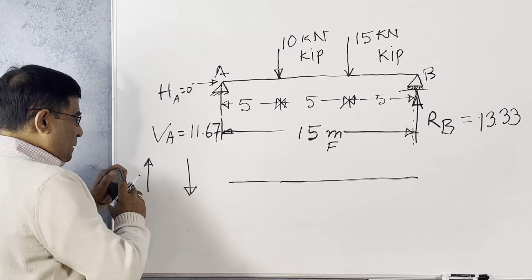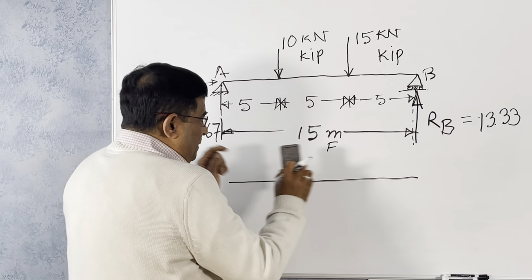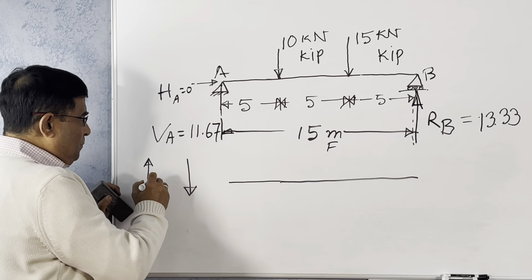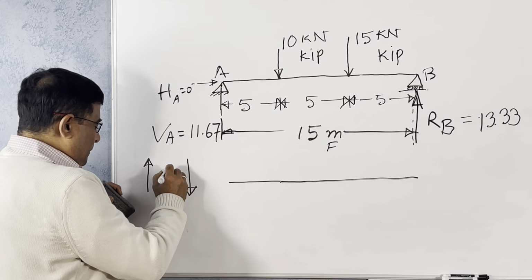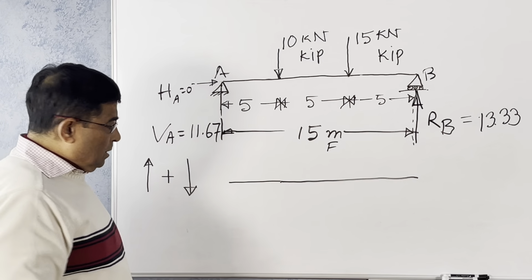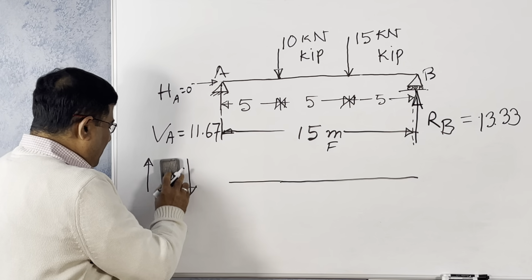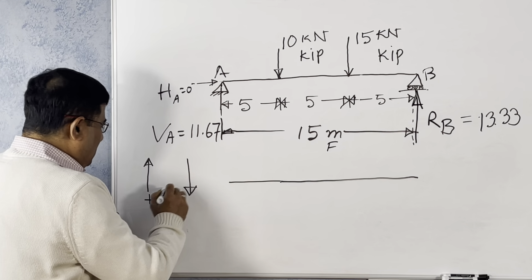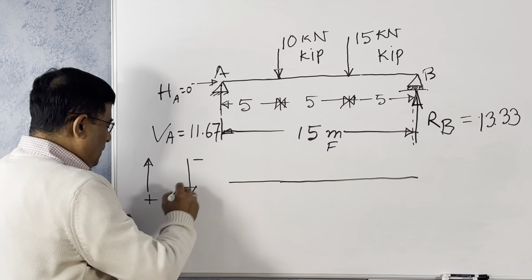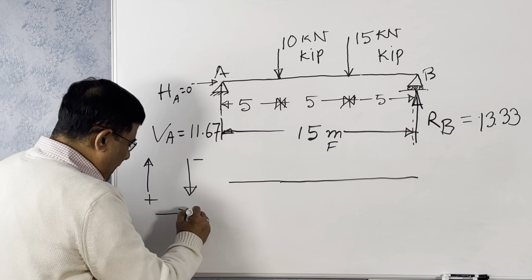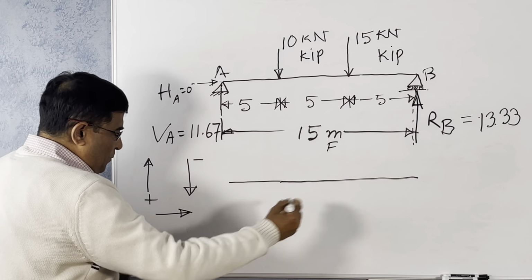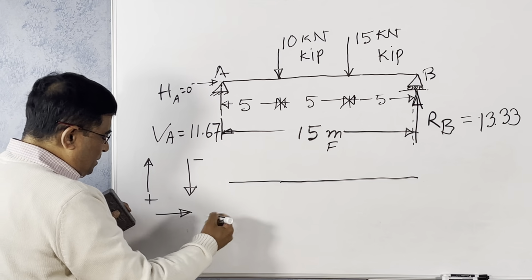If you consider from left to right, upward is positive, downward is negative. So it is the positive convention. So this is positive, this is negative. If you go from left to right. If you come from right to left, just reverse.